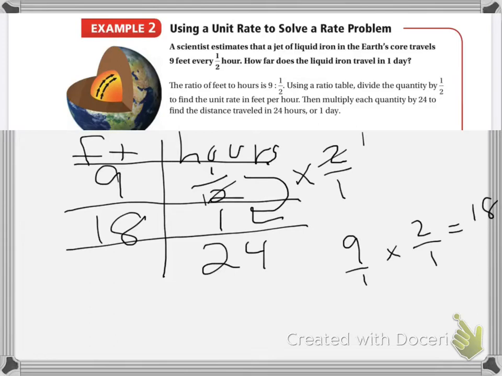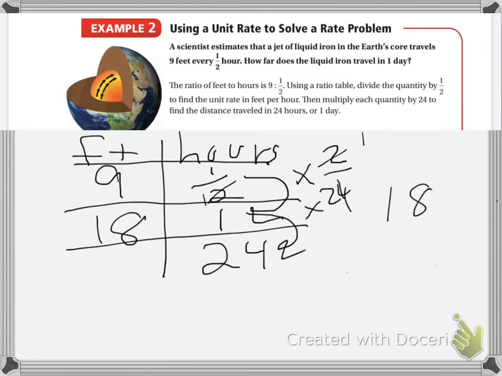Now, to get from the 1 hour to the 24 hours, we're just going to times by 24. And then I need to do the same thing with my 18. Let me erase this real quick to make sure I have room. All right, so then I just need to do my 18 times my 24 hours. 4 times 8 is 32.